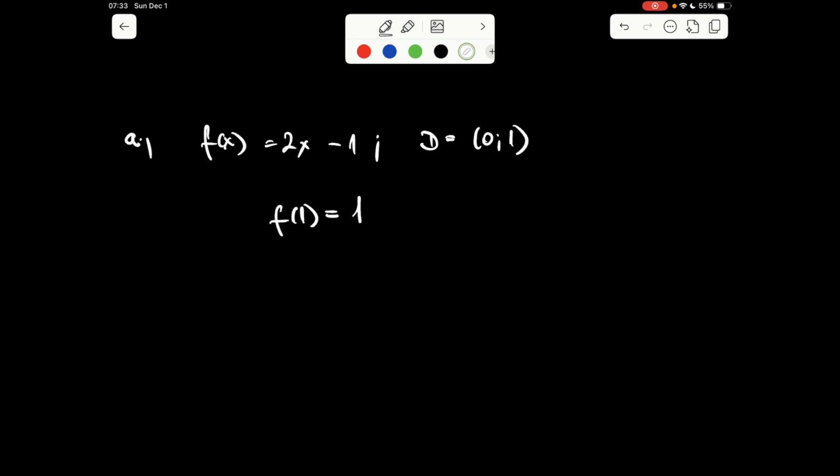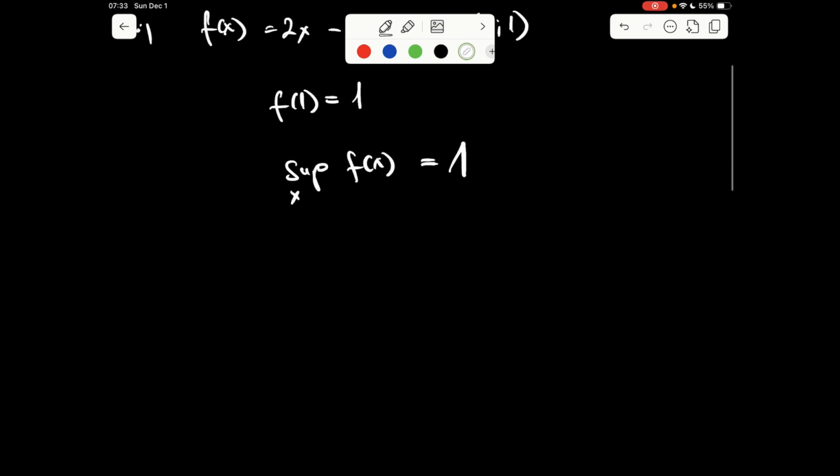This is the value that the function takes at the upper end of the domain. So because of the open interval, there is no maximum, but only a supremum, which is 1. So this is the first warm-up exercise.